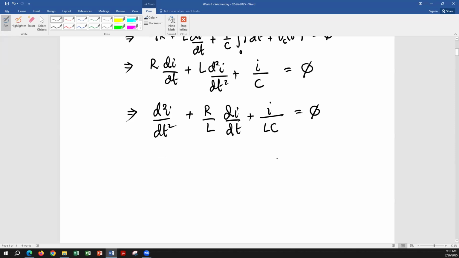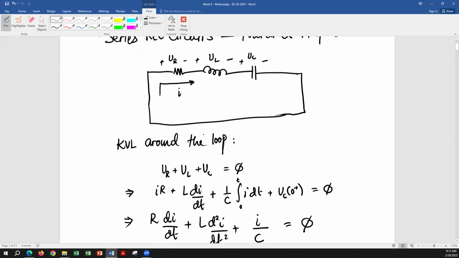And again, like we did for the parallel circuit, we assume that since I is the current, which we can assume to be the inductor current because the inductor is connected, and we know the inductor current changes exponentially in the natural circuit. Once the inductor is charged, the inductor current changes exponentially when it is discharging.